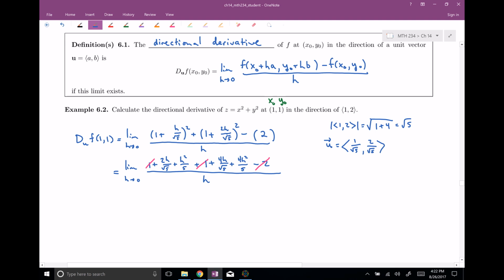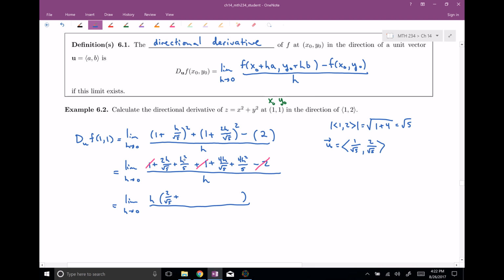Now you see that everything without the h's has gone away, and all of these terms actually have an h in them. So let's factor that out. I'm going to have the limit as h goes to 0, and factor out an h from everything in the top here. From the first one, I'll have 2 over root 5.